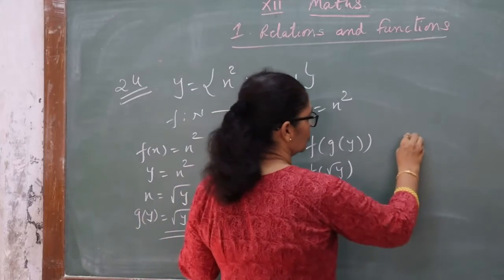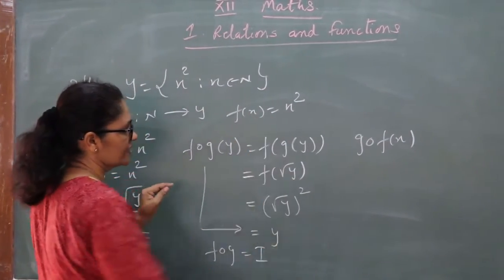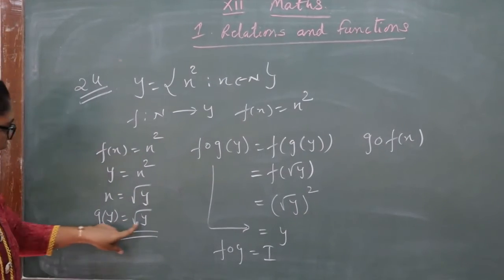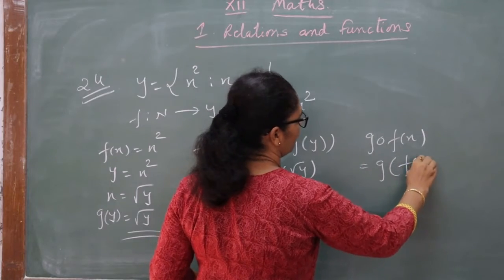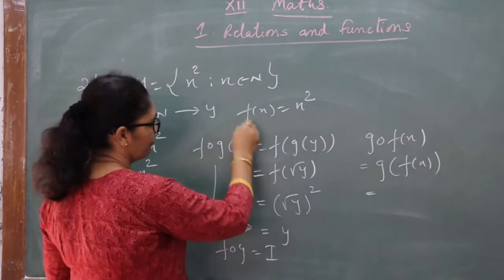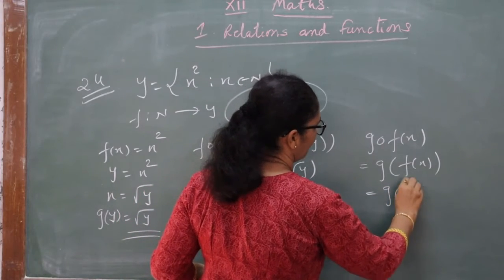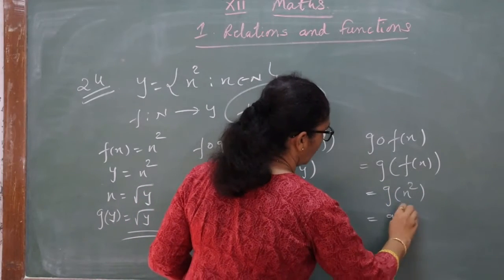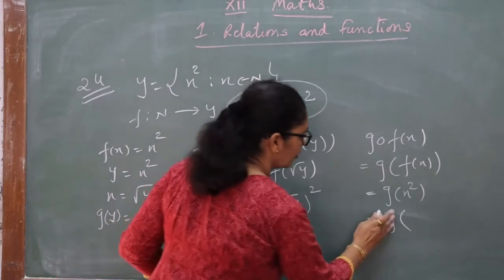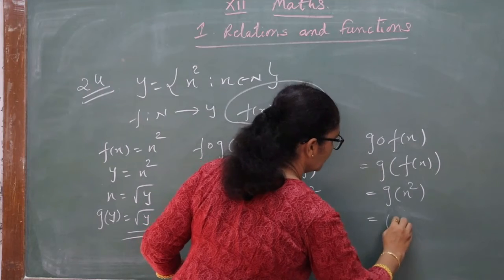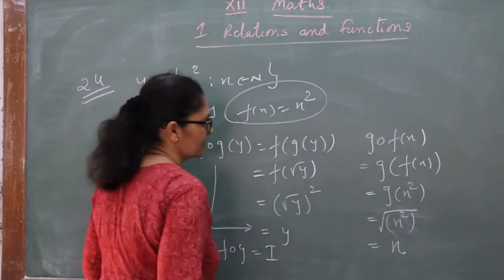In a similar way, let's come to g over f of n. Here I have to write n because we have considered n here, and with g we have taken y. So we can write g of f of n. Now tell me, what is f of n? n square only. Now what is g? Root y. So when I remove this, I write root of n square. Square and root cancel.